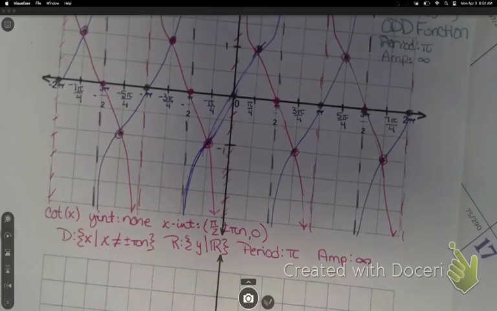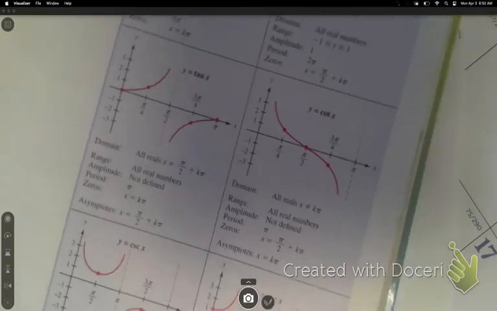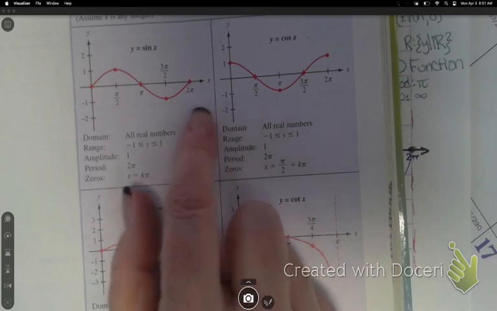Okay, so that's it for your notes. So in your assignment today, it's going to ask you to say where. Let me see. How do I want to phrase that? Oh, I am going to show you. If you go to the textbook and look, this is how they show them. There's sine and cosine. Is that what yours look like?